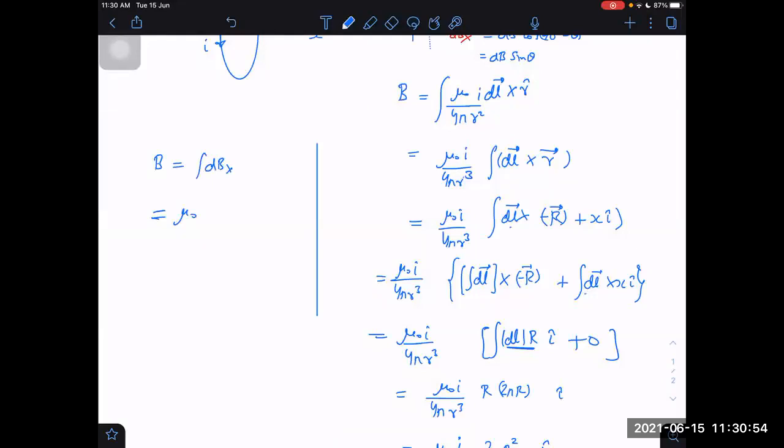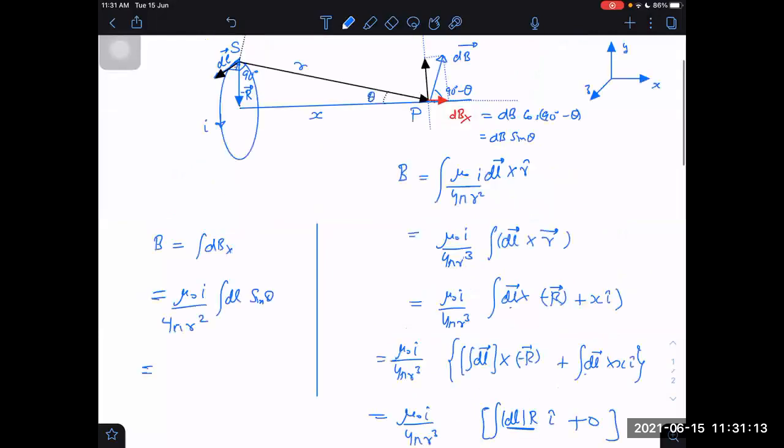Mu naught I upon 4 pi r square into dl into sine theta. Right or not? Sine theta, because the component is sine theta. And what is the formula for dB? It is mu naught into I into dl cross r cap upon 4 pi r square.